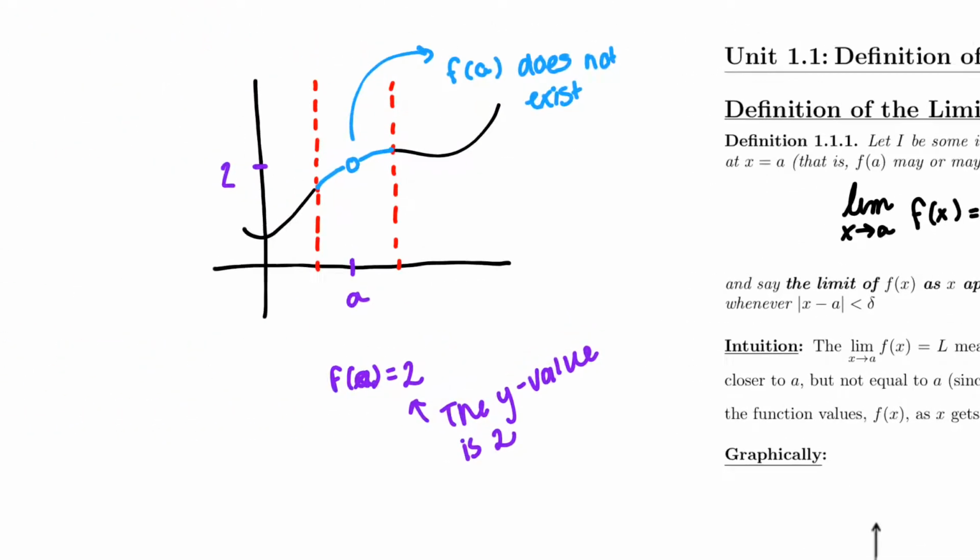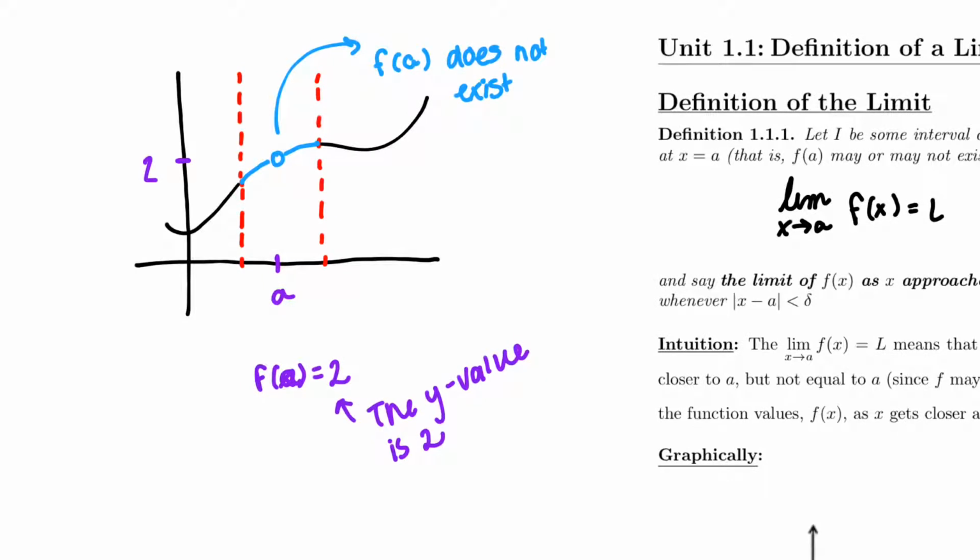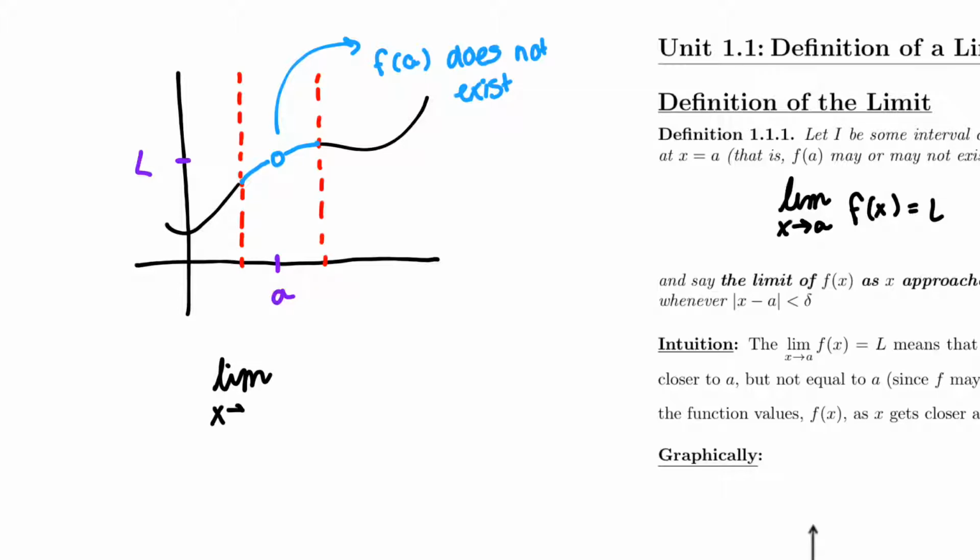So back on this picture, if this were an L, some y value, then we could say the limit as x approaches a of f of x is equal to L. It looks like as we get closer and closer to the x value a, the y value will become L, right?